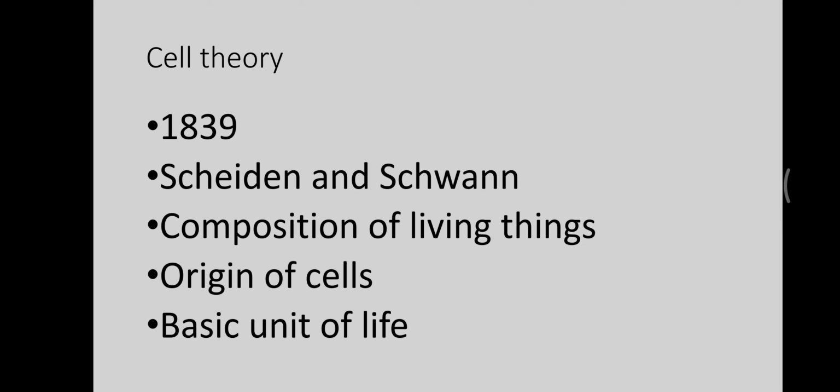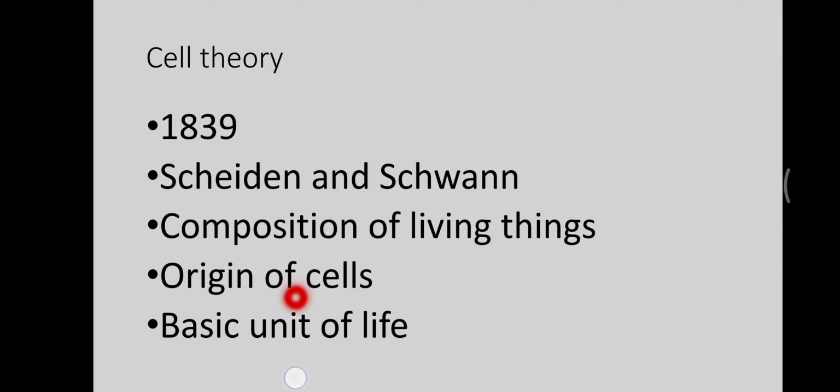Another point which is discussed here is cell theory. Students, cell theory was proposed in 1839 by two scientists, Schleiden and Schwann. This theory contains three points. First is the composition of living things: all living things are composed of one or more cells.